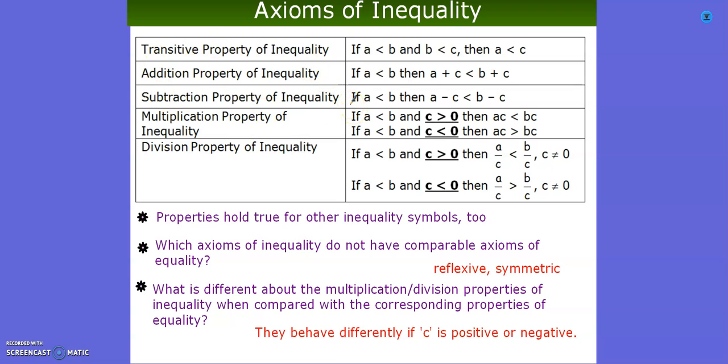Those are very similar. However, with multiplication and division, these properties have a little bit more detail in them. If you end up multiplying or dividing with a negative number, your inequality symbol will flip places and change to its opposite direction.